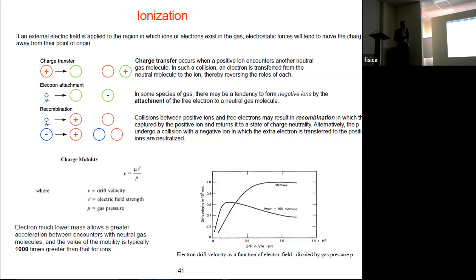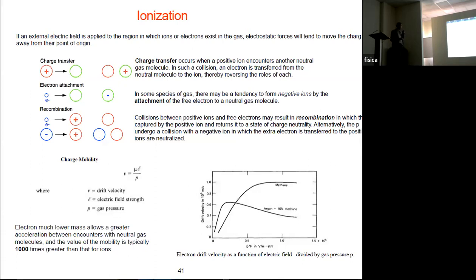If you don't apply voltage, this process happens which is called recombination. Recombination happens when you have an ion and an electron, and they don't want to be separate. They have a tendency to come back, meet again, and form their molecule or initial atom.